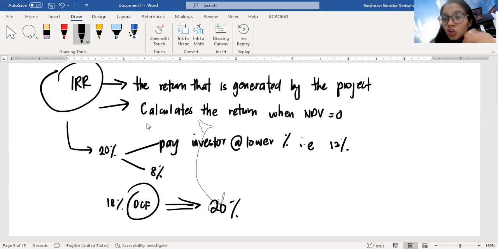All right, you cannot accept a project which has a lower return, because then it means that you are paying the investor more than the return your project is generating. And when that happens, it means that your project is not beneficial because cost exceeds benefit.